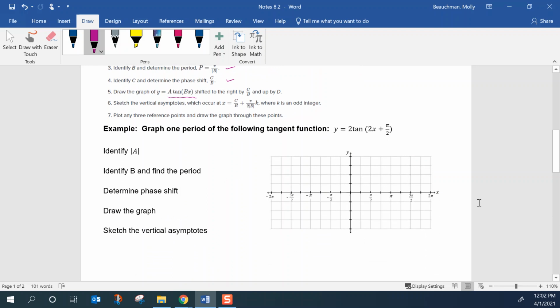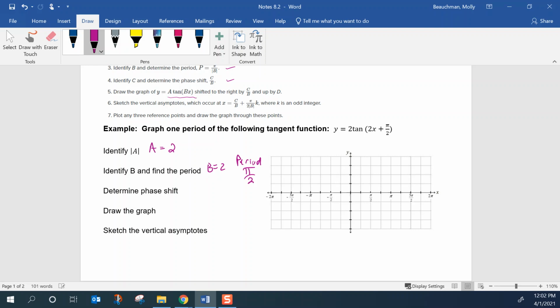So here's our example. y is equal to 2 times the tangent of 2x plus pi over 2. In this example, a is equal to 2. So the absolute value of a is equal to 2. That's the vertical stretch. b is equal to 2. So the period is equal to pi divided by b.